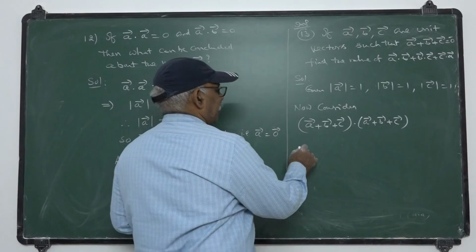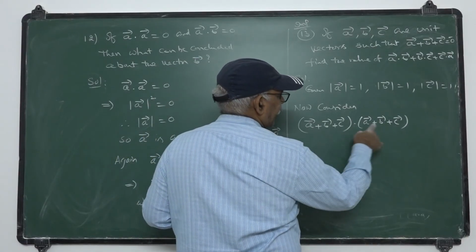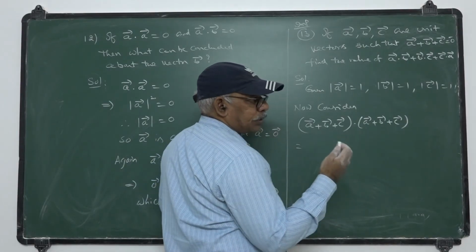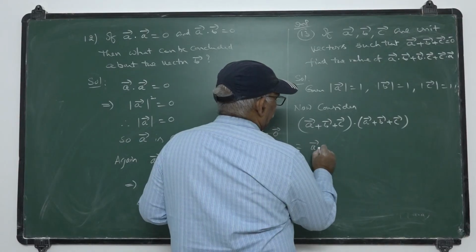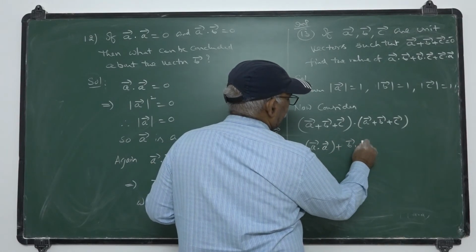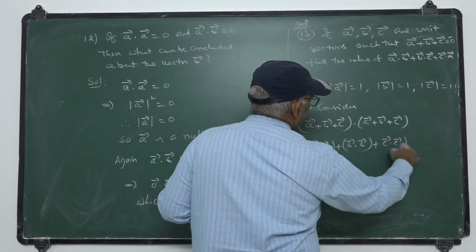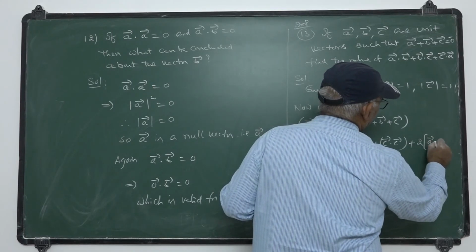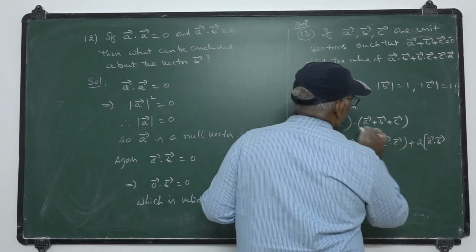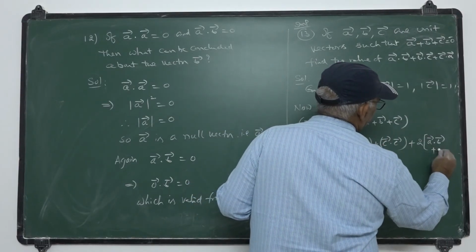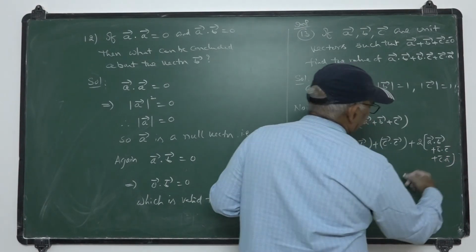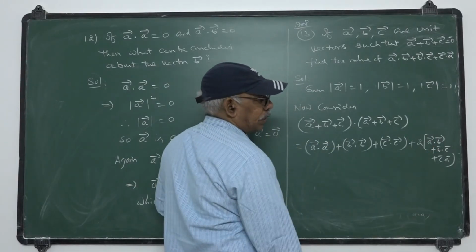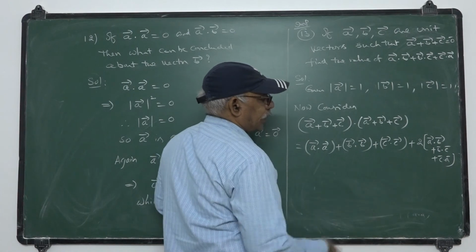Which by distributive law is A dot A, A dot B, A dot C, B dot A, B dot B, B dot C, C dot A, C dot B, C dot C. Dot product is commutative, hence you can write it as A bar dot A bar plus B bar dot B bar plus C bar dot C bar, plus A dot B and B dot A are the same, so twice A dot B. Similarly, twice B dot C, twice C dot A.